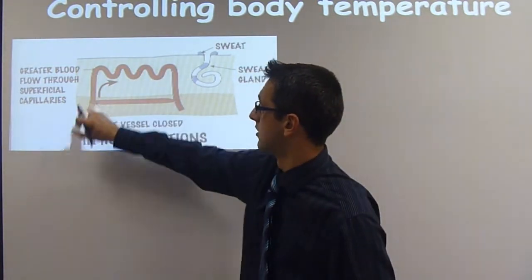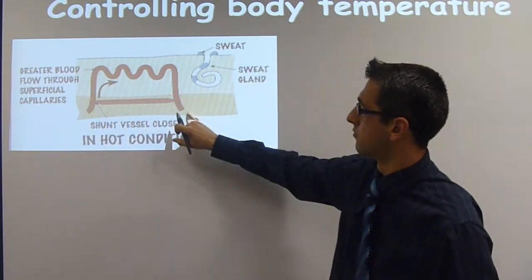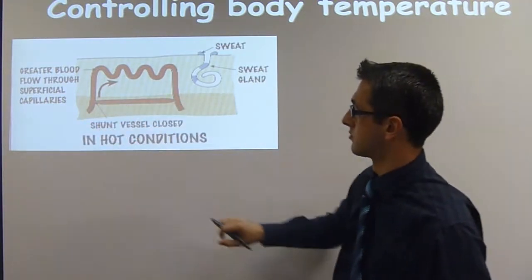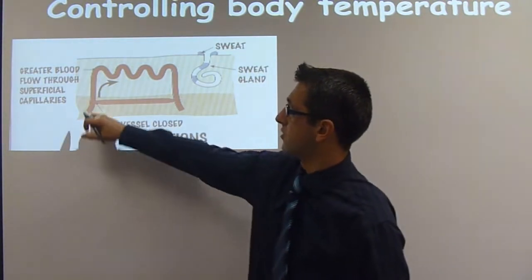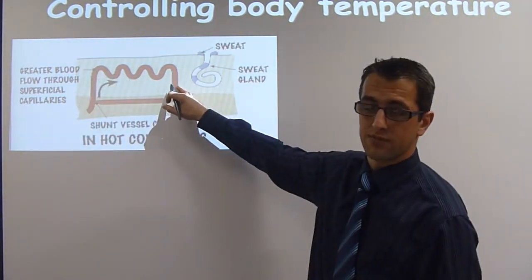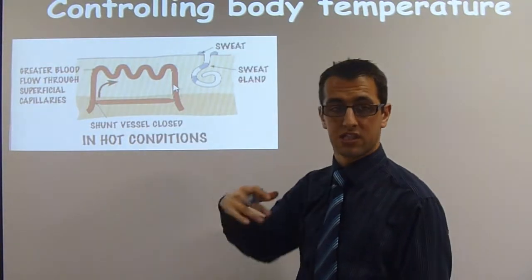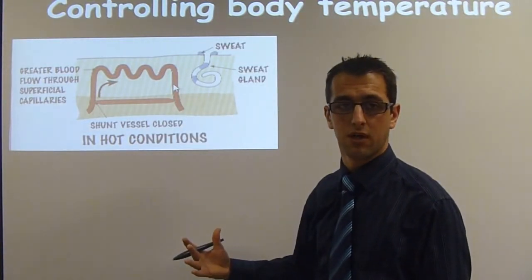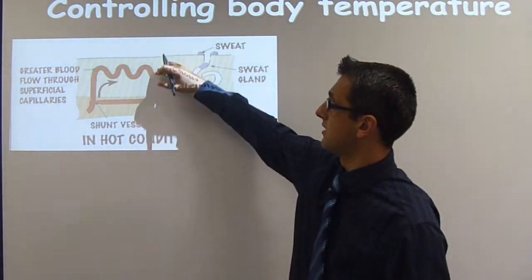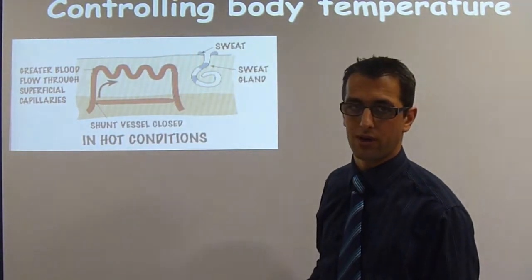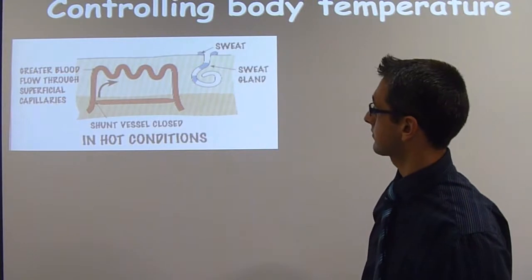When closed, the blood is diverted through the bottom lower vessels, or referred to as shunt vessels. So now the blood is flowing to the upper surface of the skin. The skin often appears a red flushed appearance when someone gets hot after running, for example, and now the heat can radiate away from the surface of the skin.